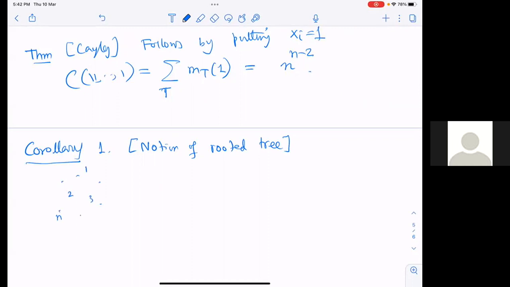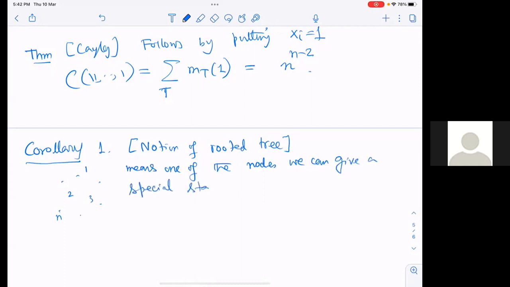You can choose any node you want. I just give it a special status, nothing else. That is what we call the root.